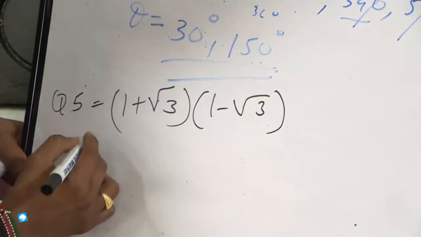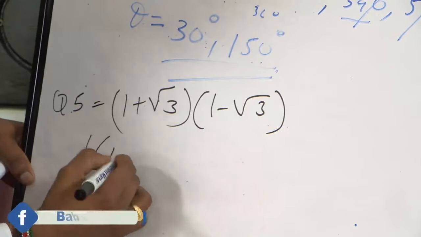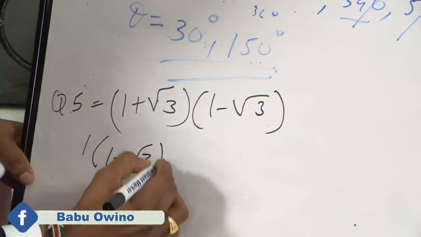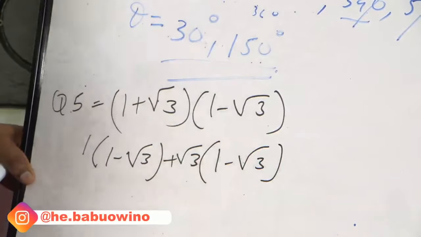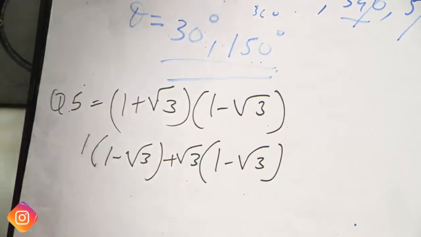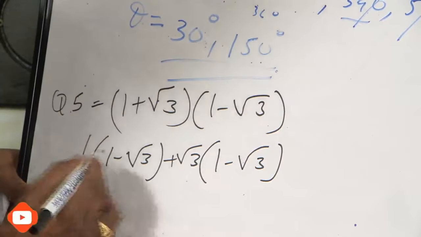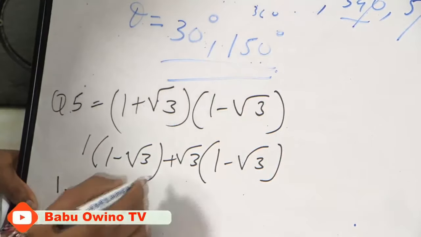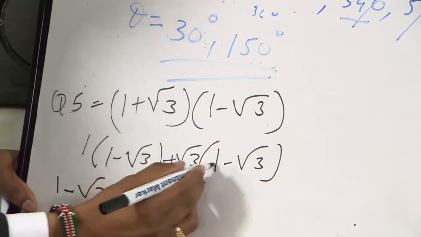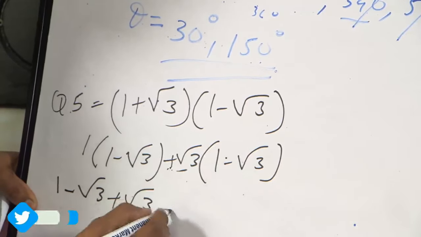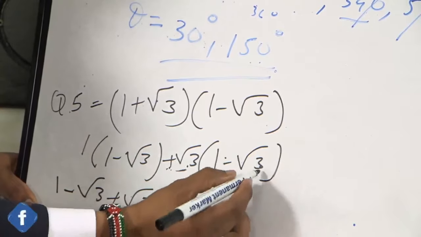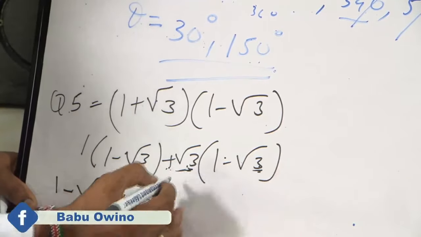When you expand it, you write 1 into 1 minus root 3 plus root 3 into 1 minus root 3. 1 times 1 is 1, minus 1 times root 3 is root 3, plus root 3 times 1 is root 3. Then plus times minus is minus. Root 3 times root 3, just multiply what's inside the roots.